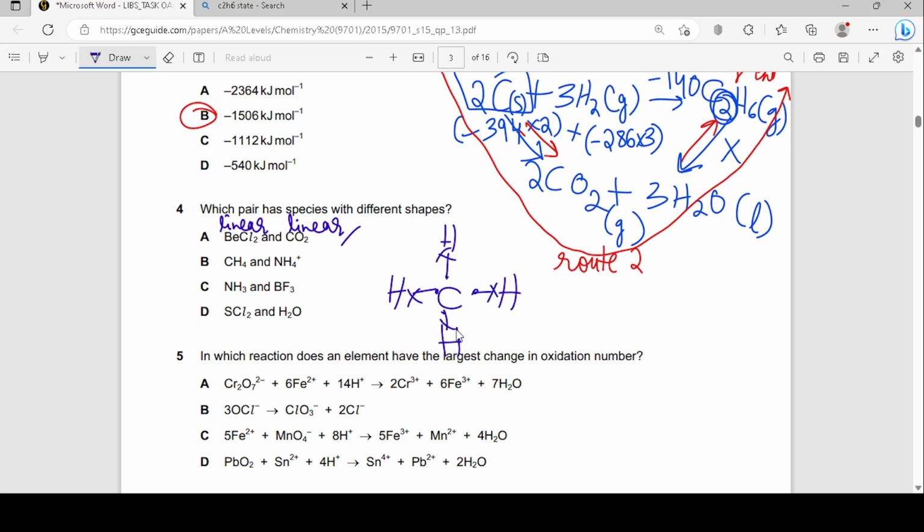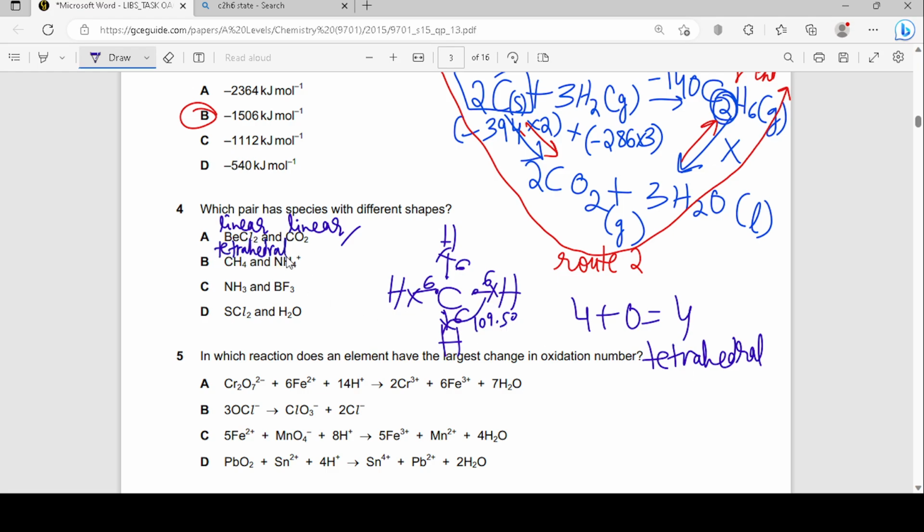Since there are 4 sigma bonds and no lone pairs, the steric number is 4, which means it is going to have tetrahedral geometry, right? So CH4 has tetrahedral geometry, and the HCH bond angle is 109.5 degrees, right? So I'm going to write tetrahedral over here.